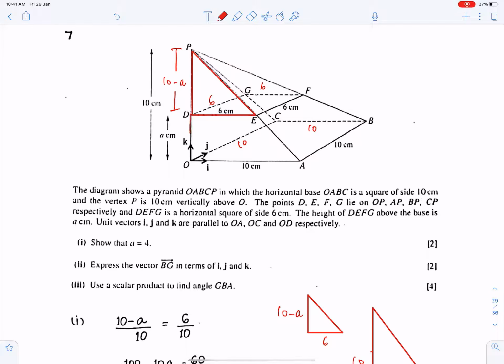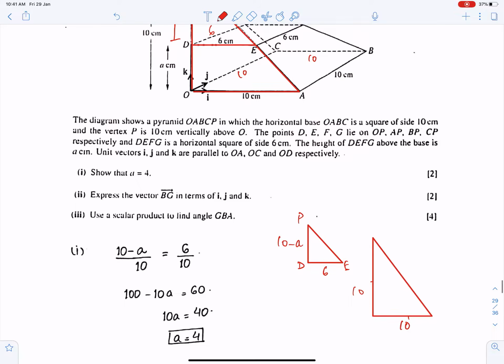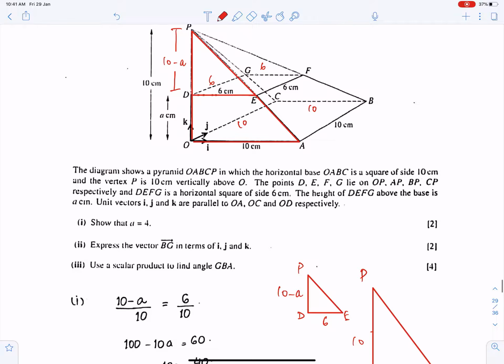PDE is similar to POA. These two triangles are here. This is PDE and the second one is POA. Well, these two triangles are similar.